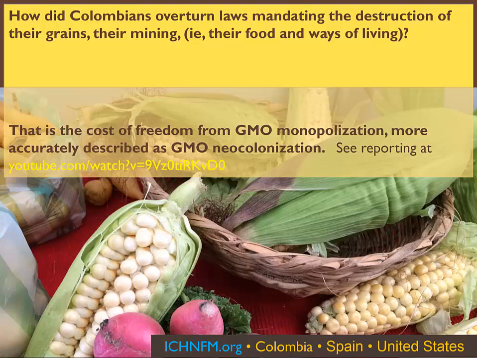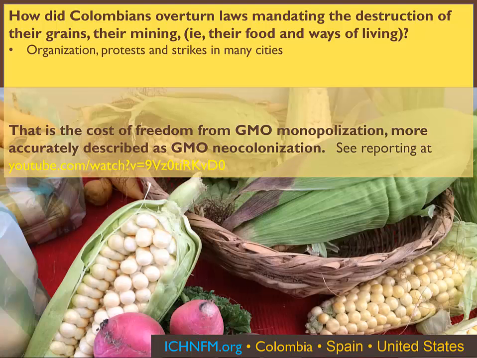That doesn't make sense. It's creating vulnerability for our livelihood because we as farmers grow these grains, and if you make us destroy our own food supply, then we're dependent on these multinational corporations based in another country, and that doesn't make sense for Colombia.